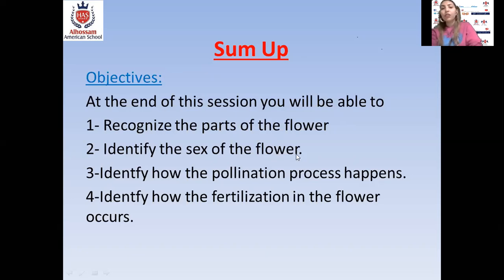And now how does the pollination process happen? What about pollination? We can describe the pollination process. I need new ones. So Hala, are you ready to answer?